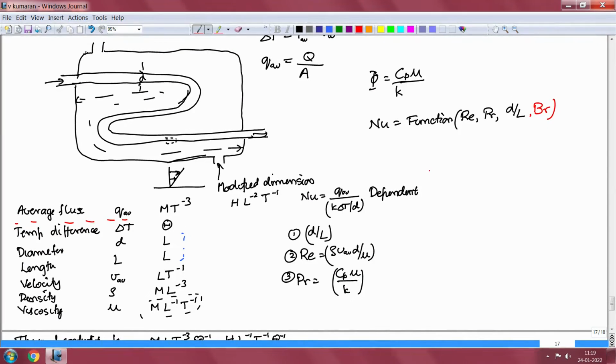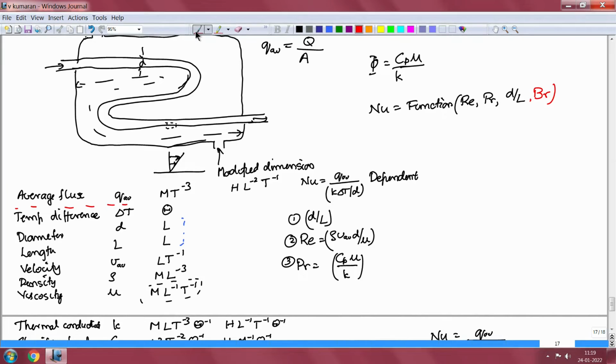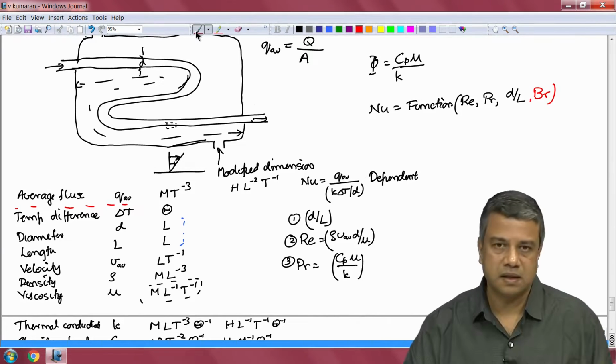So, the dimensional parameters there are of course, the average heat flux, the heat energy per unit area of the pipe, the temperature difference, diameter, length, velocity, density, viscosity and so on. And we had calculated the correlation assuming that there is no interconversion between mechanical and heat energy.